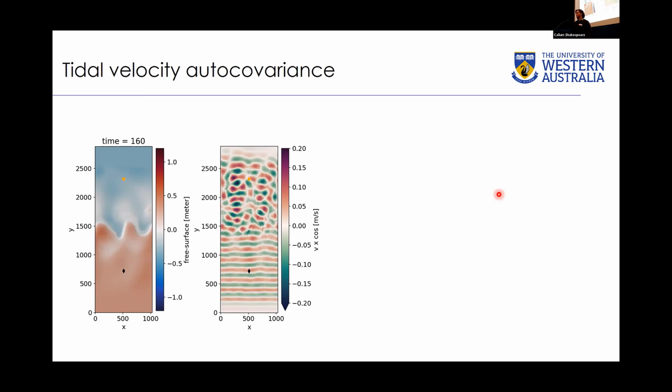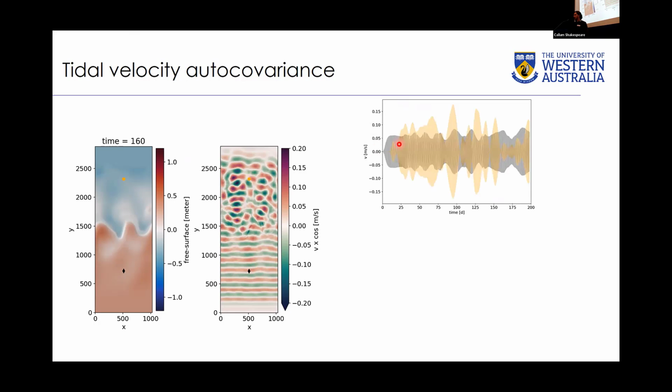So the way to characterize that level of chaoticness, I guess, is looking at the autocovariance of the tidal velocity at different points. So what I've done here is taken the velocity from this point, the black, and this other point, orange. And that's what I'm showing here.